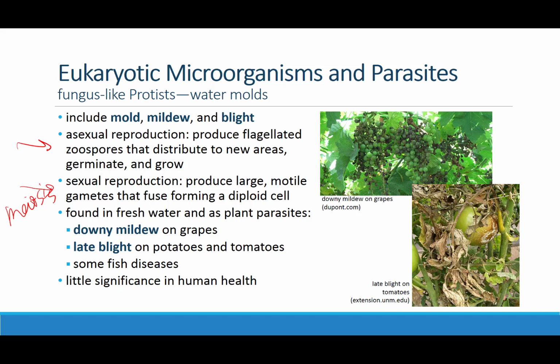You're looking forward to August when you're going to get all these tomatoes, and then in a week, your tomatoes go black. Like the whole plant, everything just black, begins to wilt and is black, and that's late blight that has taken them down. And then there are some fish diseases that are caused by water molds as well. But for human health, there's very little significance related to water molds. It's mostly more of an agricultural issue.